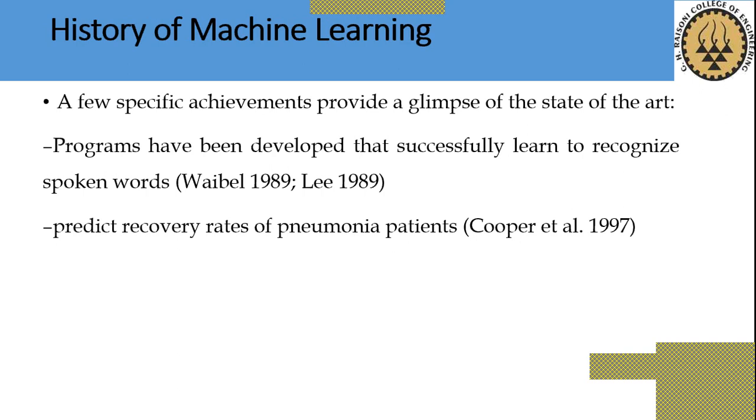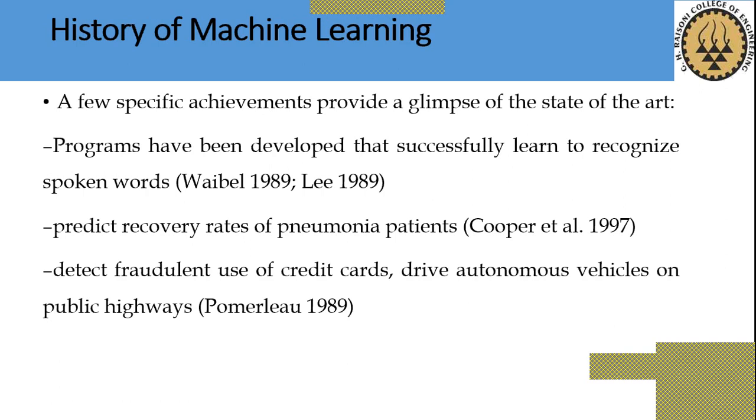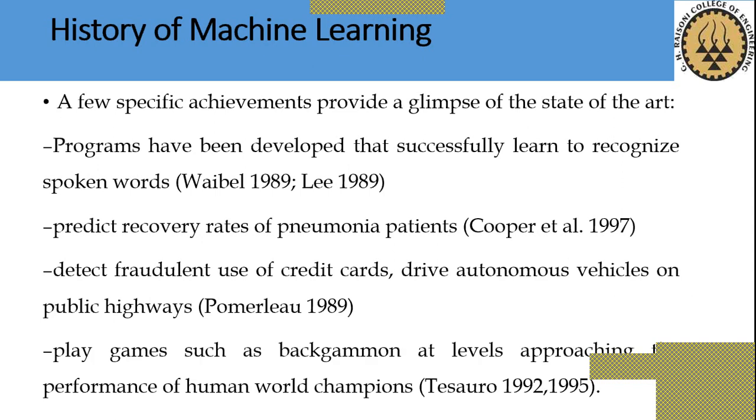Using one of the algorithms, they gave pneumonia patient predictions. Earlier, in the 1980s, fraud detection for credit cards was done, and an autonomous vehicle was driven on a public highway. In 1992 and 1995, a program played games such as backgammon at a level approaching the Human World Championship.